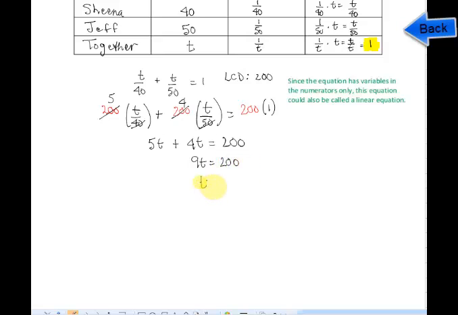And then t is equal to 200 over 9, which gives us about 22 minutes. Now you can check your work, but don't check with the decimal, check with the fraction. So we go back to our original equation and plug in 200 over 9 for t.